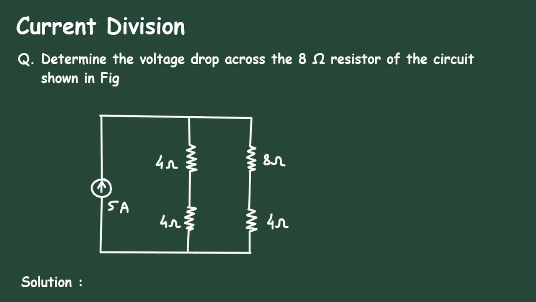The supply voltage given to this circuit is 38 volt. So this voltage source value will be 38 volt. We have to find this supply current.